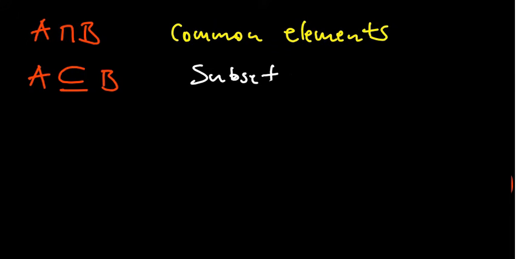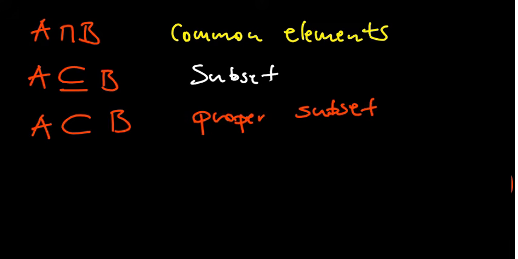So, what other thing can we talk about? The other symbol we can talk about is the proper subset. Without a line on the bottom, it's a proper subset. What's a proper subset? A proper subset is a subset where all its elements are part of another set, but the sets are not equal.